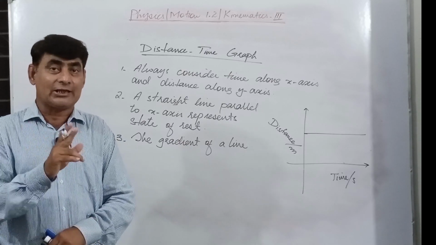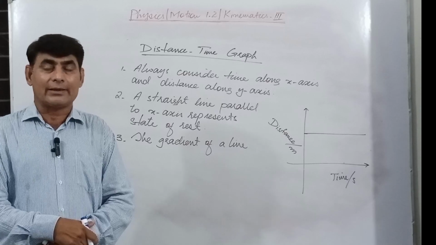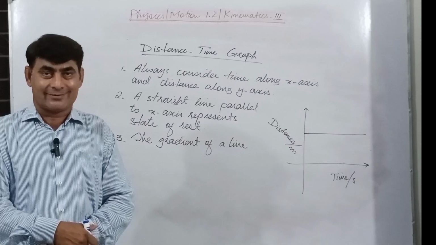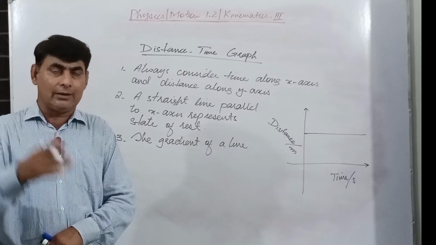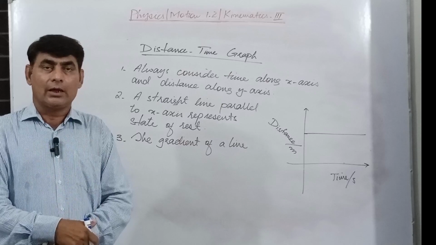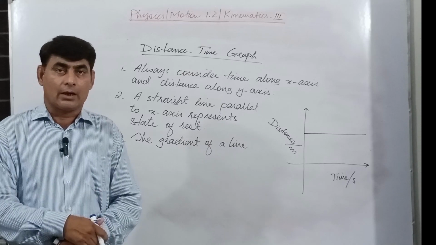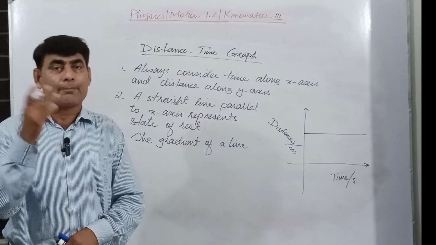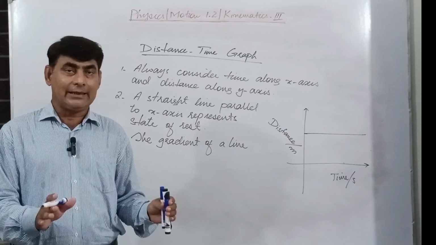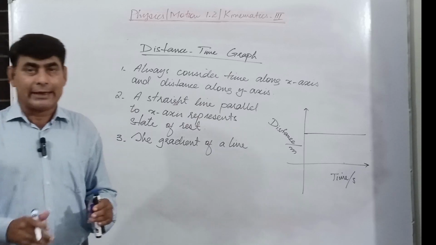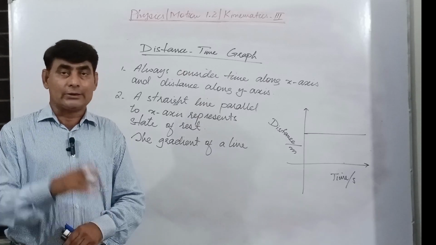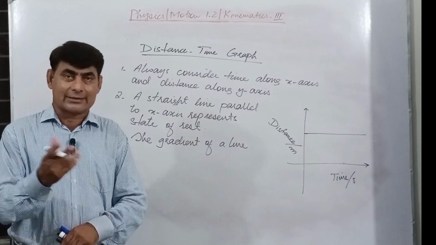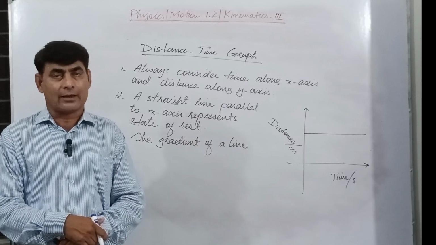So this is tangent theta, and tangent theta is equal to opposite upon adjacent. Opposite means vertical, adjacent means horizontal. Sometimes gradient is defined as rise upon run, but basically gradient means the tangent of the inclination. Inclination means an angle. So the angle is theta, and tangent theta equals the gradient.